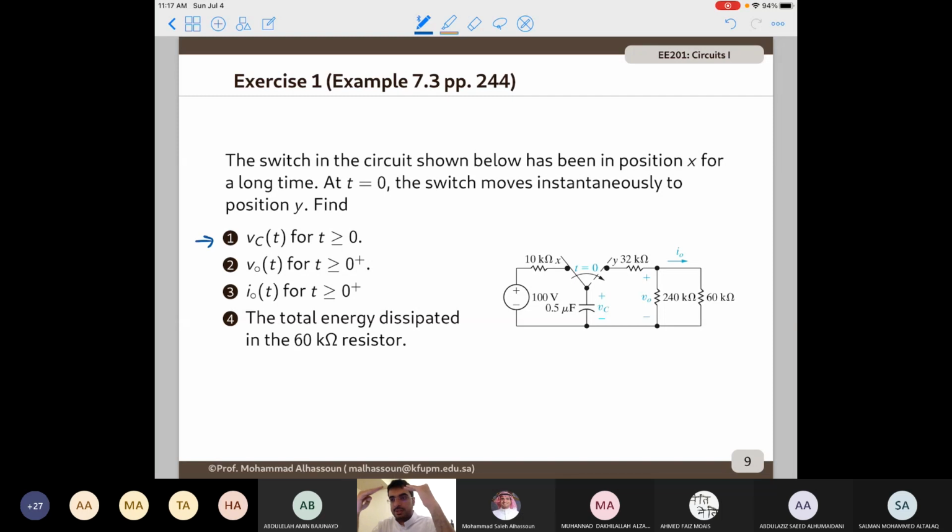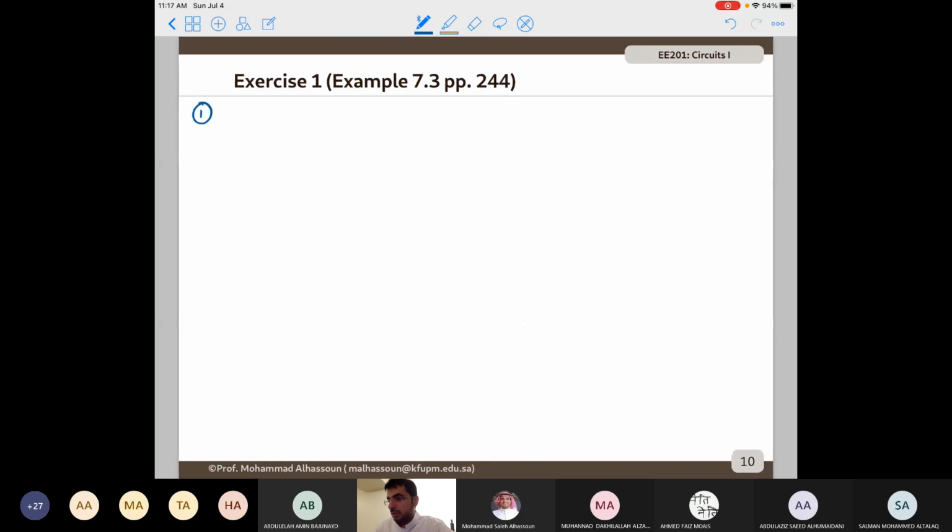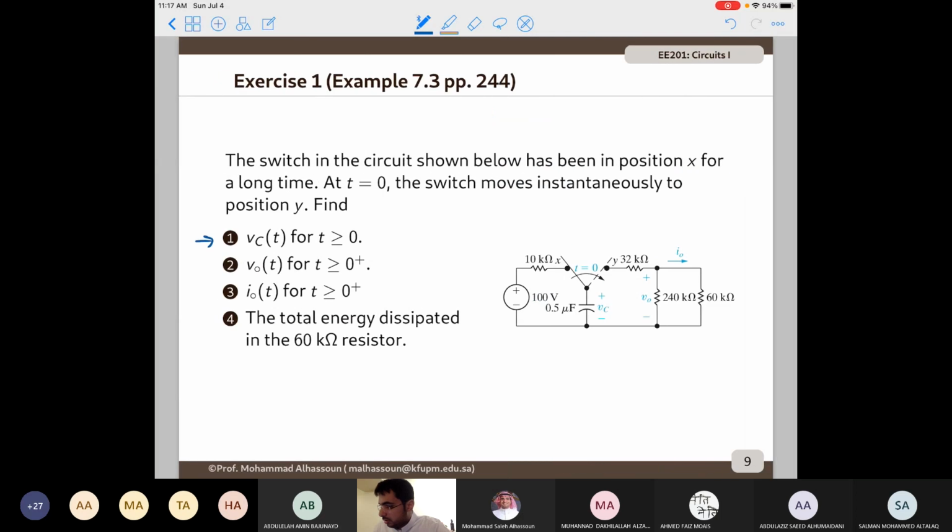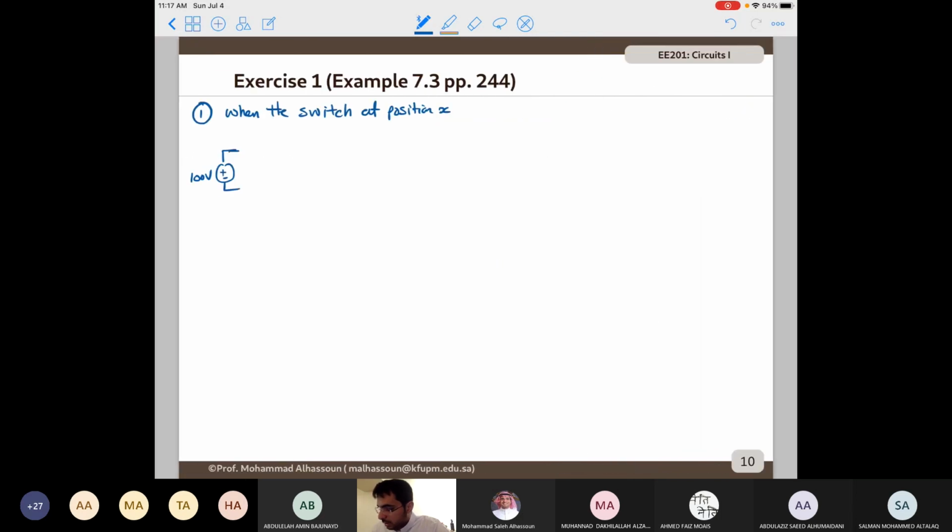So in order to visualize things, the first thing you need to do is draw the circuit for each period. When the switch is at position X, we have 100 volt, we have a 10 kilo ohm resistor here, and we have a capacitor.